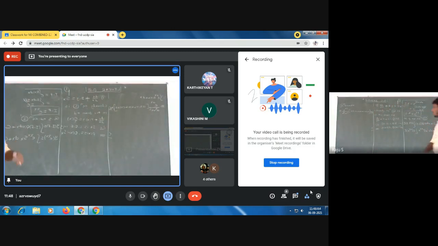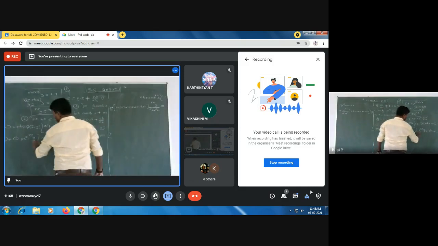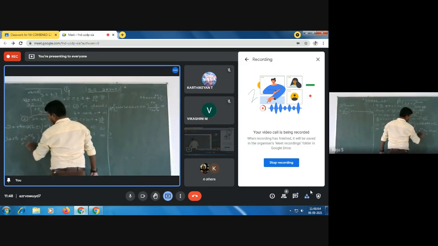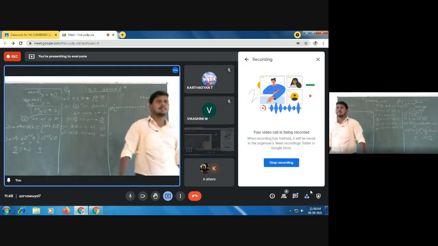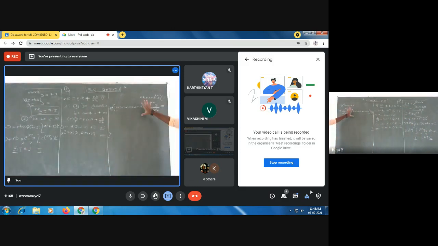Otherwise, UV rule: what is U, what is V? E is last, so that is V. So it's better to apply the formula.